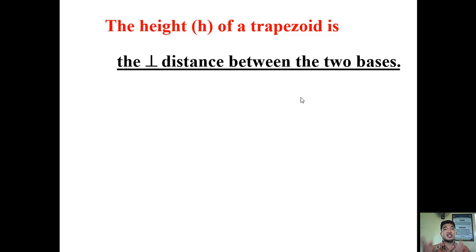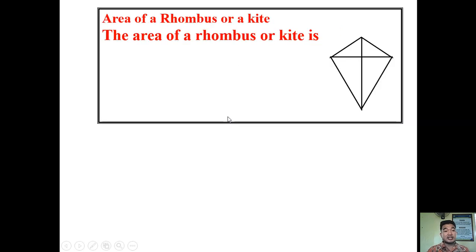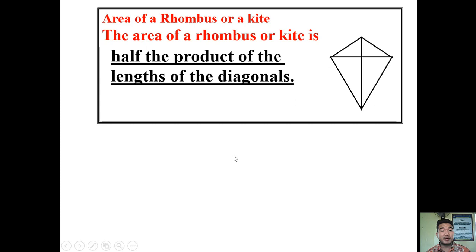So that is the distance between the two bases, but it should be perpendicular, meaning nakakabuo siya ng right angle. We move on to the area of a rhombus or a kite. The area of a rhombus or a kite is equal to half the product of the lengths of the diagonals. Meaning, the formula in solving for the area of a rhombus and kite are the same. And then for the perimeter, the same lang.